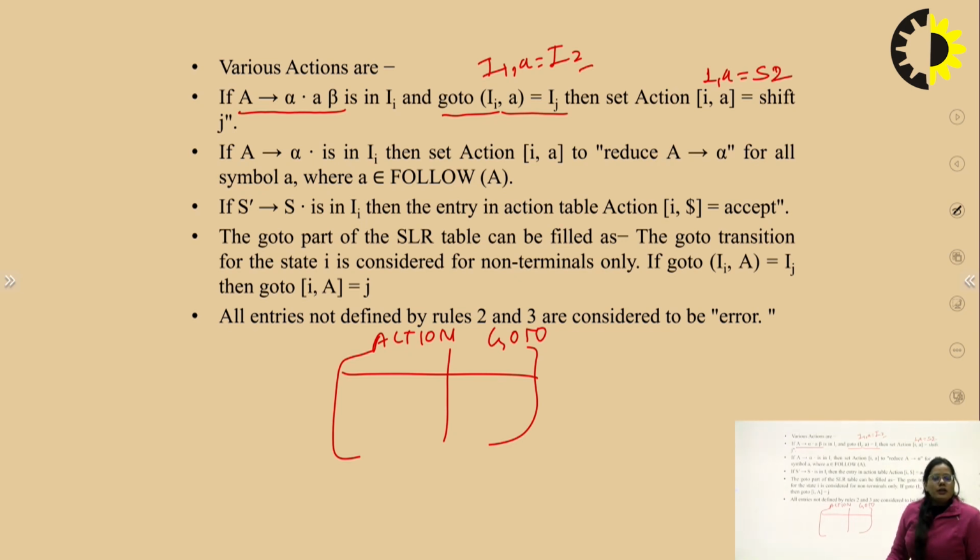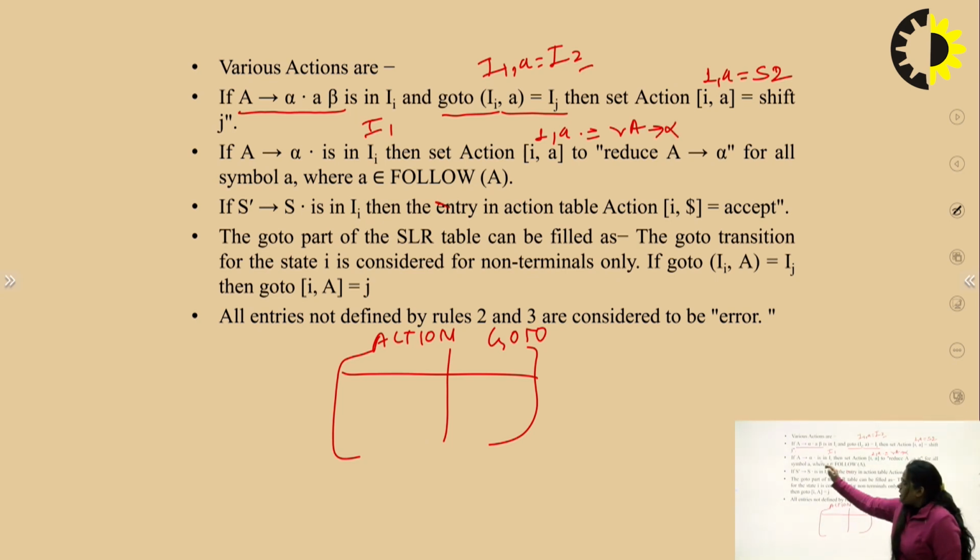Okay, so we put an entry in 1 comma A is S2. Next, if A implies alpha dot is in I1, then set action 1 comma A equals reduce A implies alpha.